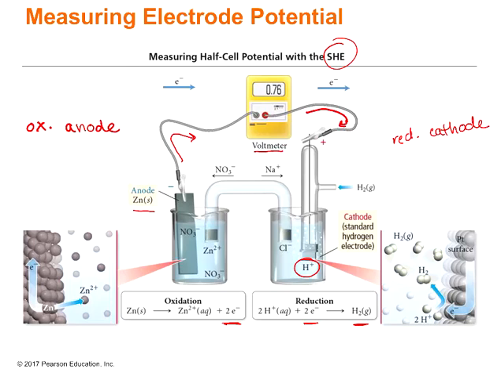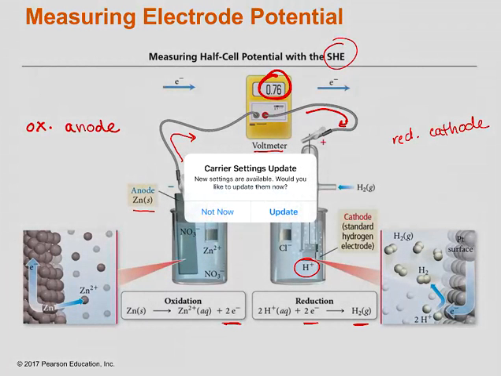That voltmeter is going to measure the voltage that's occurring due to this flow of electrons. So we end up with a value of 0.76, which is the voltage that's associated with zinc and its half reaction.